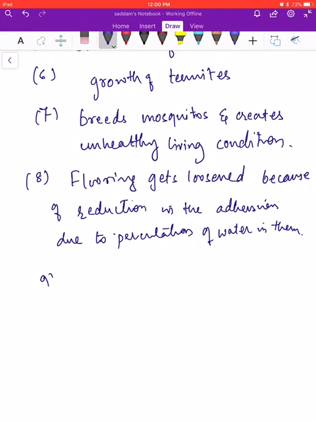So if we use any wall decoratives, they get damaged.